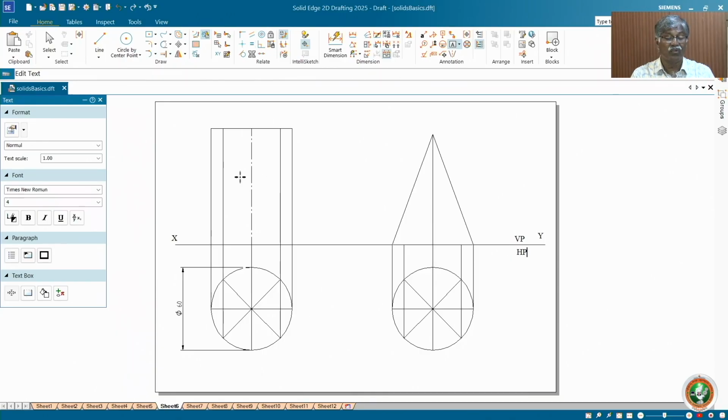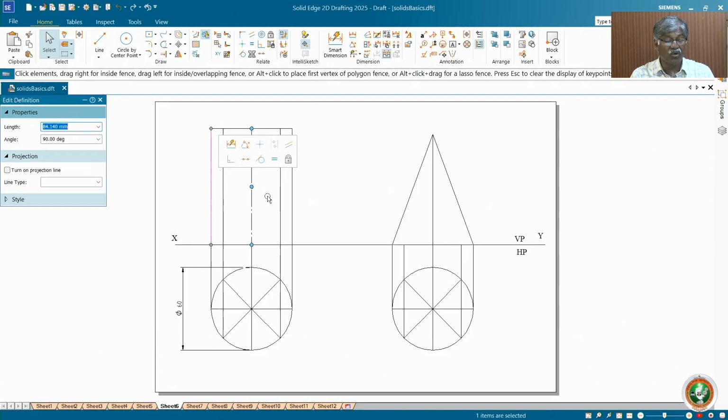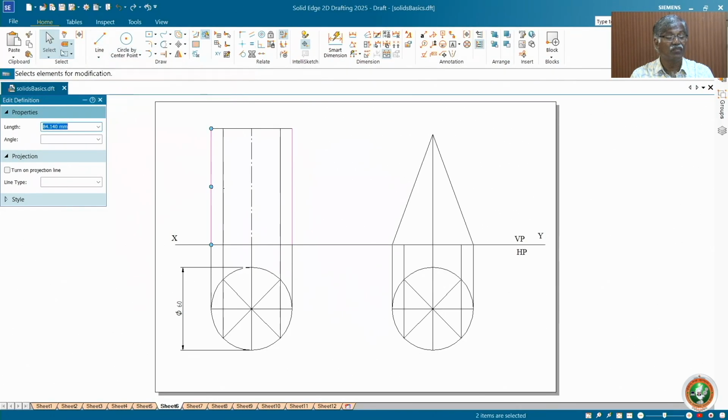Now, what are the lines that should be drawn dark? See, select the outermost line. First select the extreme generators, and also the top line and base line. So, make dark.